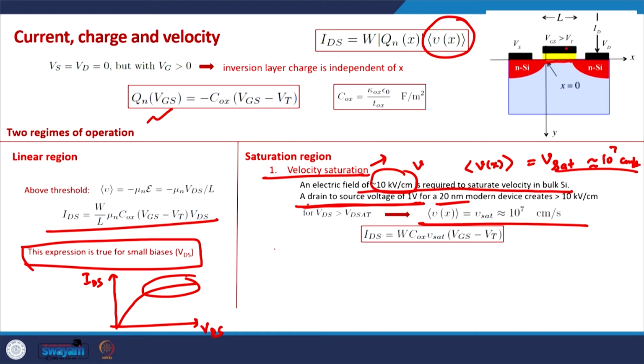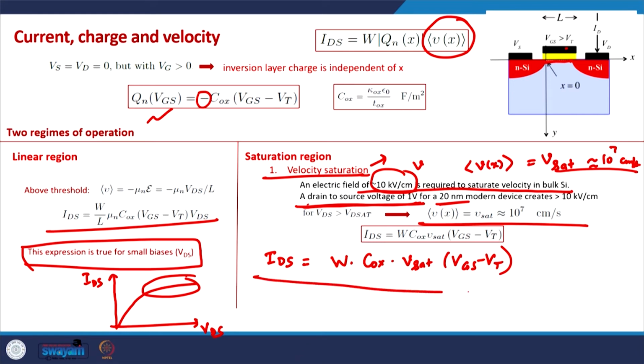So, this IDS essentially becomes W times Cox times Vsat into Vgs minus Vt. This velocity is generally taken to be negative because the direction of the current and the direction of electrons are opposite. So, that is why this negative sign goes away.